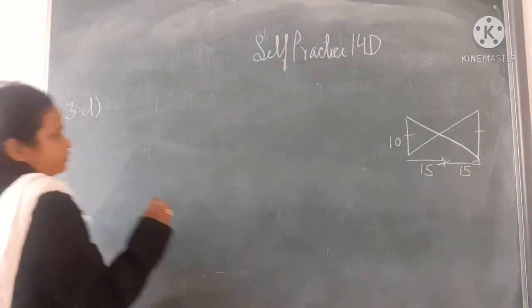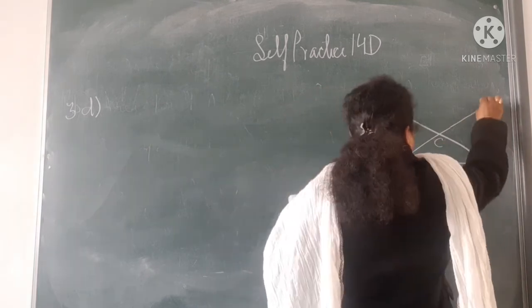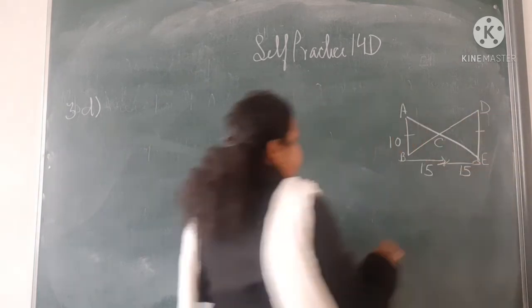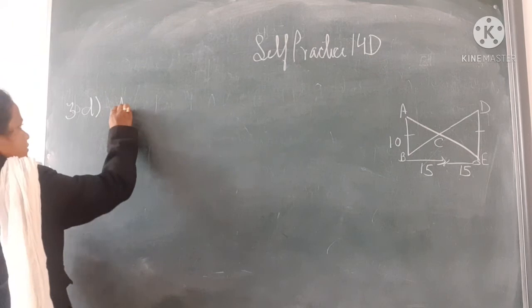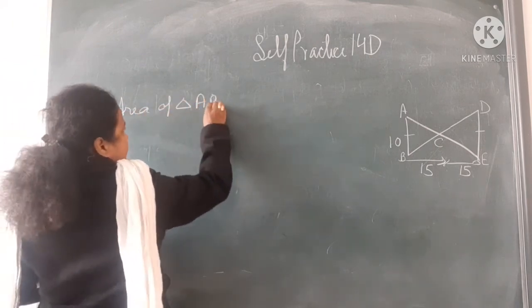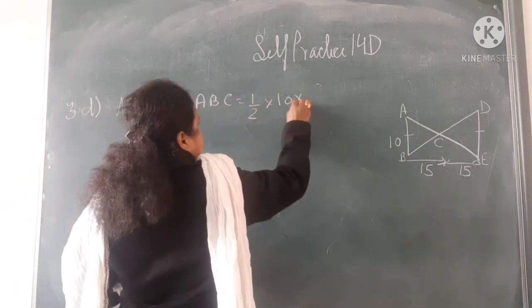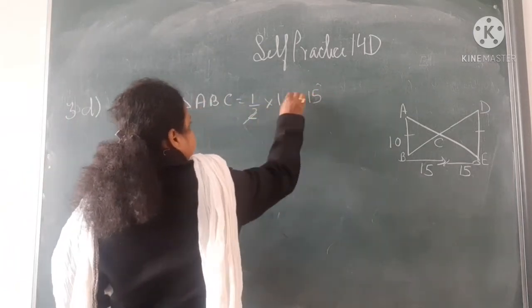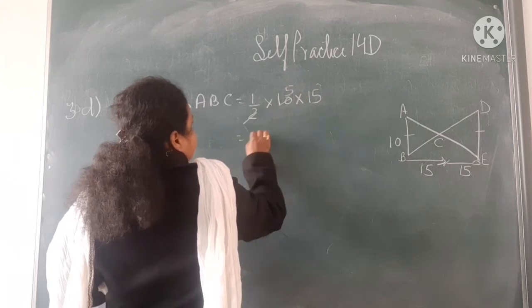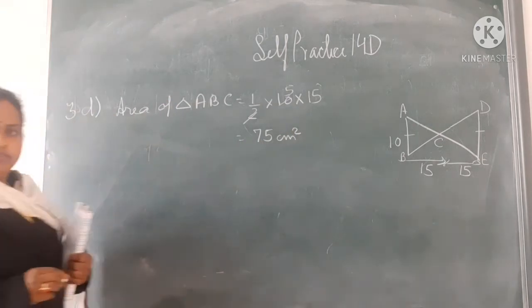Now we just name it A, B, C, D, E. The area of triangle ABC, that is half into 10 into 15, means half into base into height. 2 5s are 10, so 15 5s are 75 centimeter square.